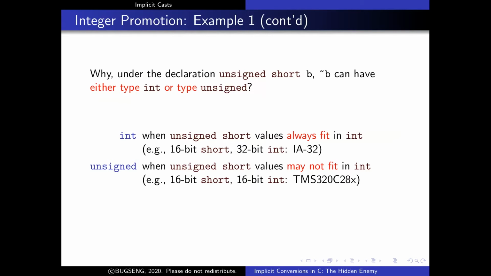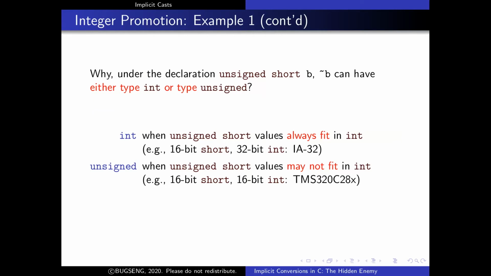But this is not always the case. For example, there are several 16-bit architectures where the short and the int type have the same number of bits, for example 16 bits. This is the case of C2000, to mention one reasonably modern architecture, but Z80 would be another example.